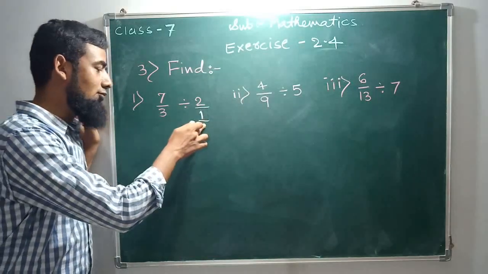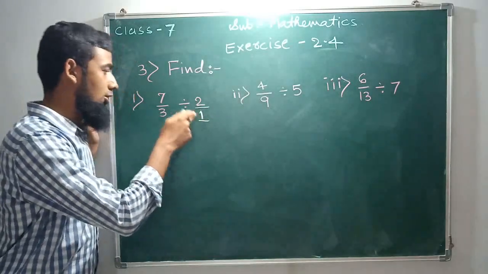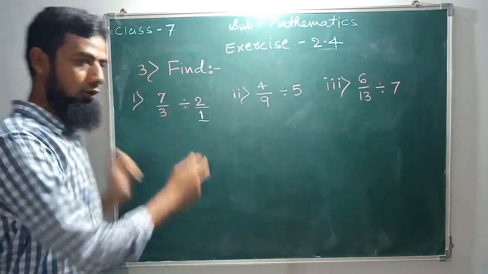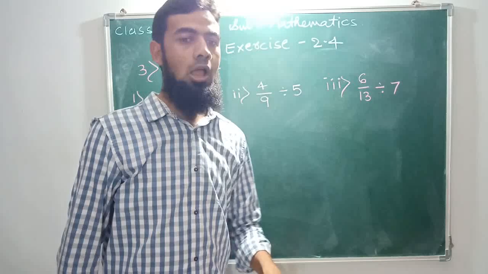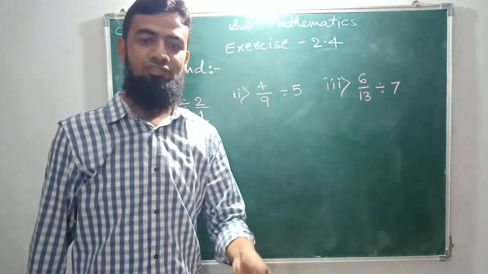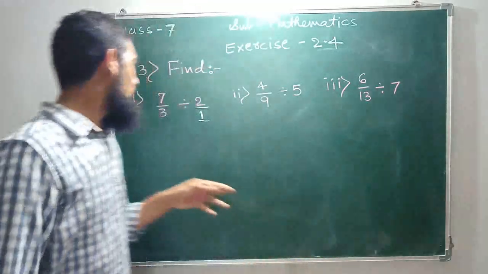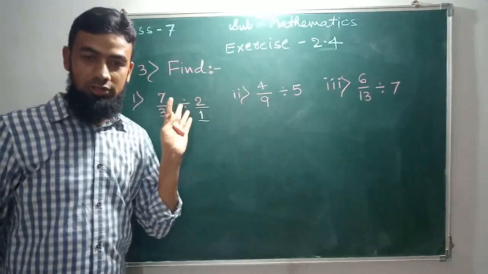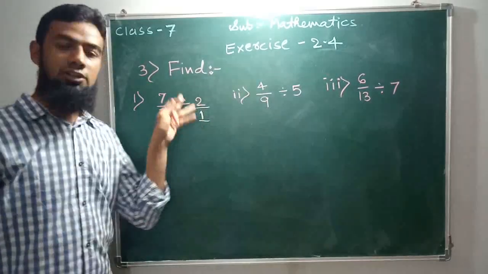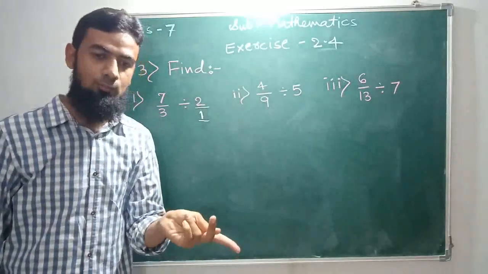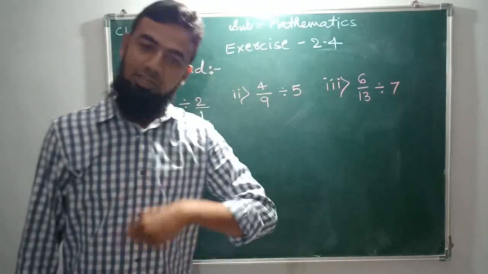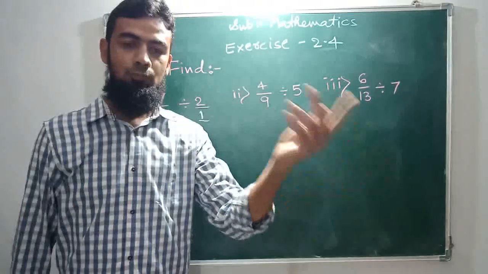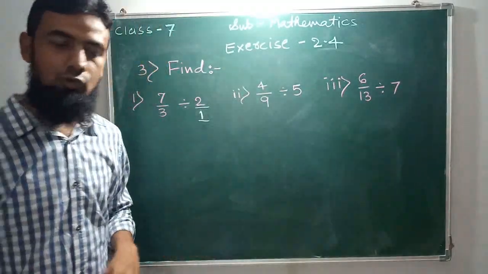Why have I written 1 here? Because we are going to convert the division symbol into multiplication symbol, and we have already discussed in the earlier part that whenever you convert division into multiplication, the denominator takes the place of the numerator and the numerator takes the place of the denominator.